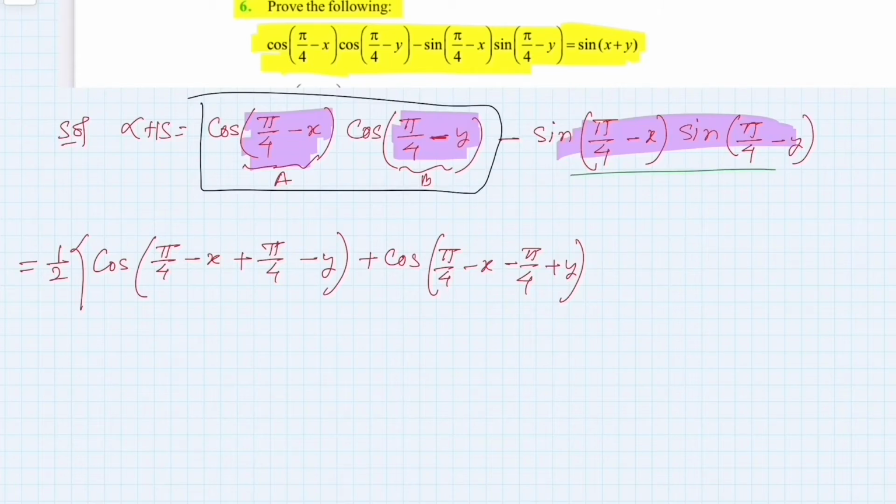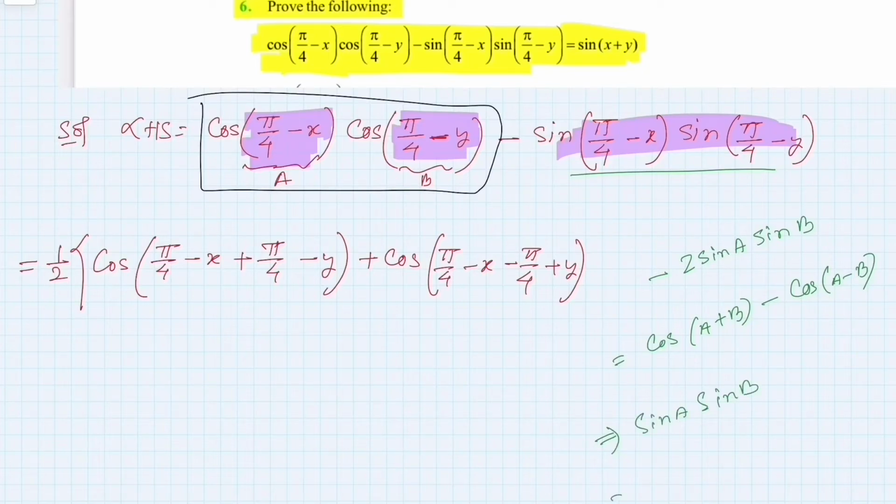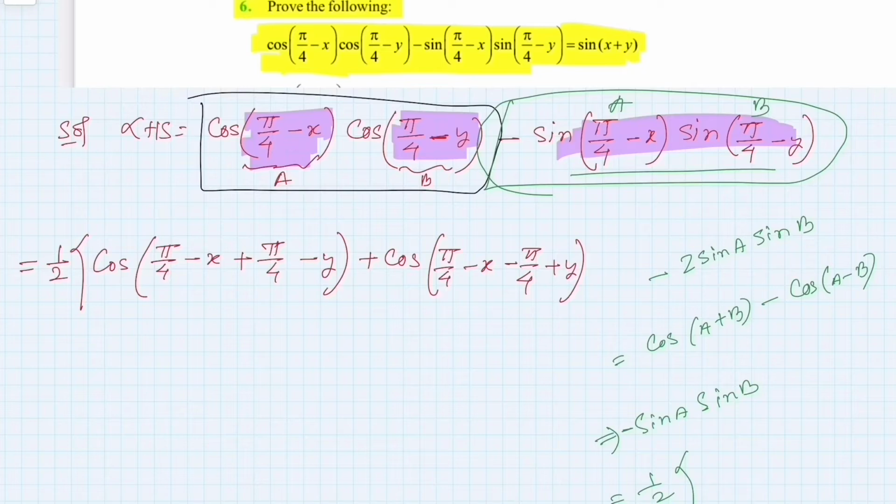For this part, we are going to apply minus 2 sine A sine B, that is equal to cos(A plus B) minus cos(A minus B), and it implies sine A sine B is equal to half of, or you can consider it like this, minus sine A sine B. This is A and this is B. So first angle is A and this is B.